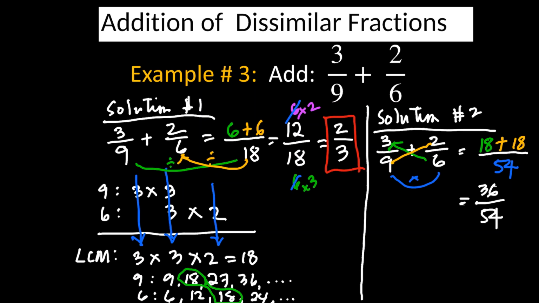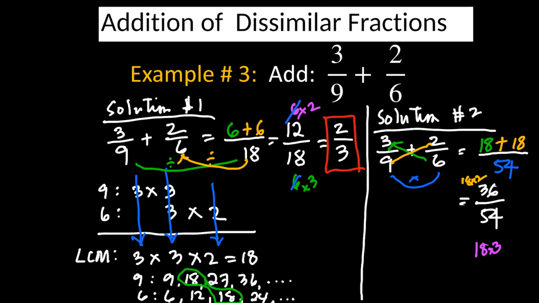But 36 over 54 is not yet in simplest form because there is a common factor between 36 and 54. What do you think that is? Okay, 54 is 18 times 3, while 36 is 18 times 2.